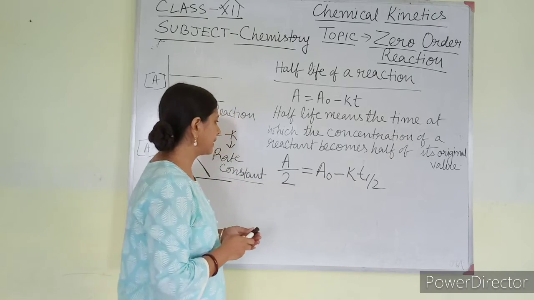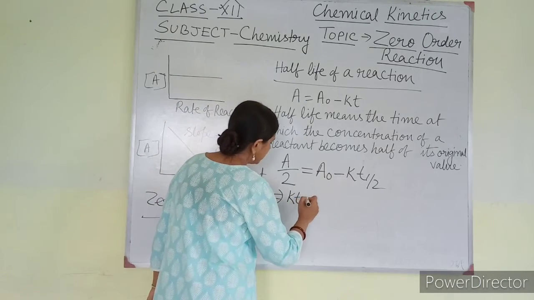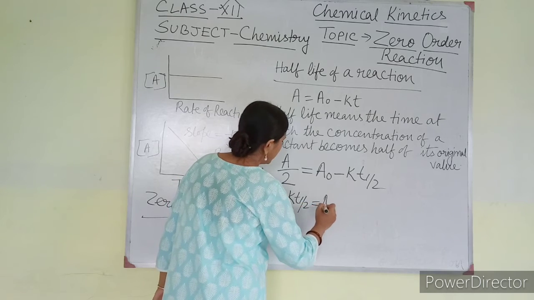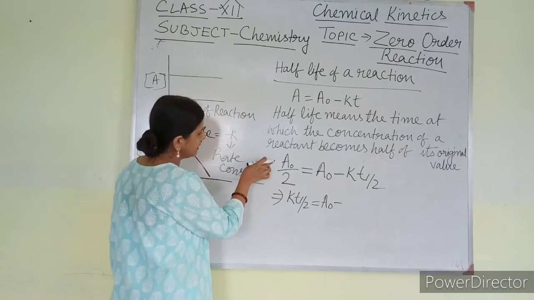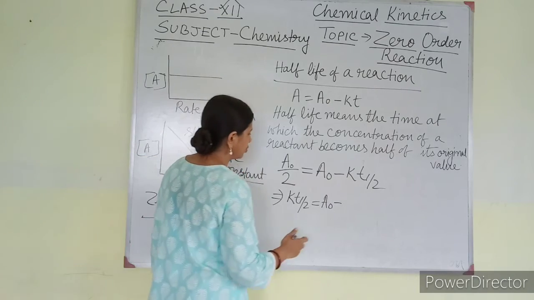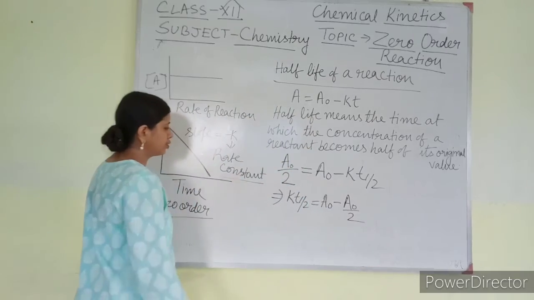So from here I can write that K into T half equals A naught minus A naught by 2, because initial concentration is divided by 2. A naught minus A naught by 2 means A naught by 2.